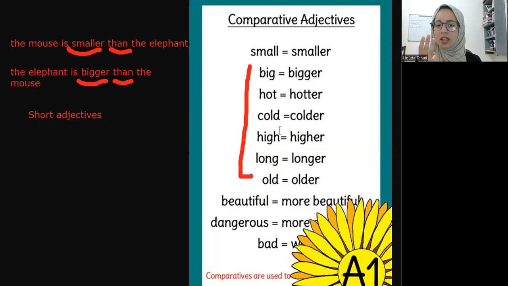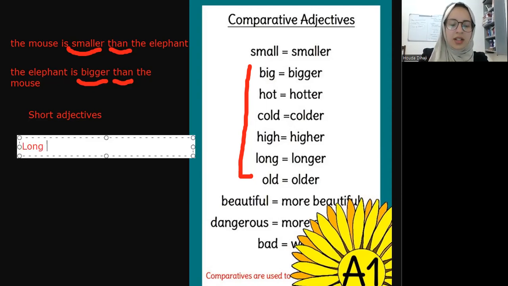You may find 3 or 4 letters only, sometimes 5. For these we apply the rule I have said: the adjective plus er plus than. But for the long adjectives, it's another story.